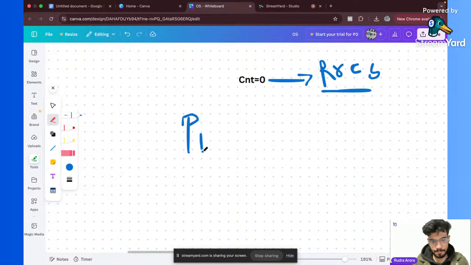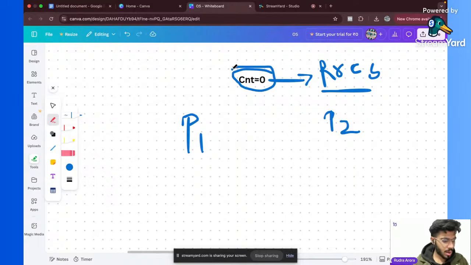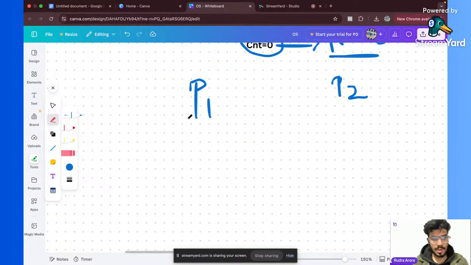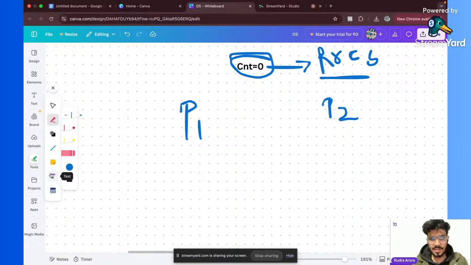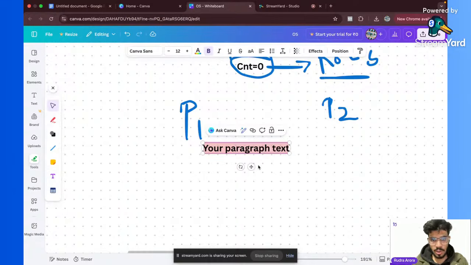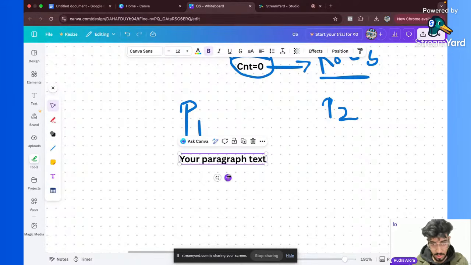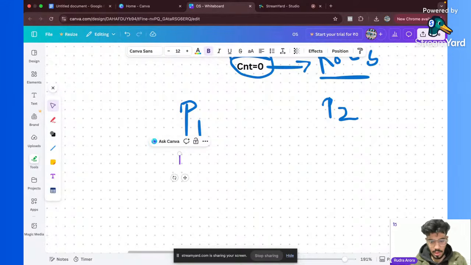P1 and P2 are working on this count simultaneously. P1 enters and does count plus plus.